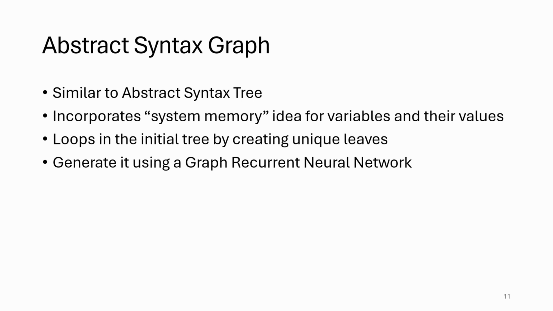Well, it's quite similar to the abstract syntax tree, but it has some features that high-level programming languages do at runtime. Such features include the variable pointers to memory locations, which we can incorporate in the tree with loops to uniquely create leaf nodes. And to generate such a graph, because a depth first search order would not return all the information contained by the graph, we have to rely on other mechanisms which use the graph neural network capabilities.